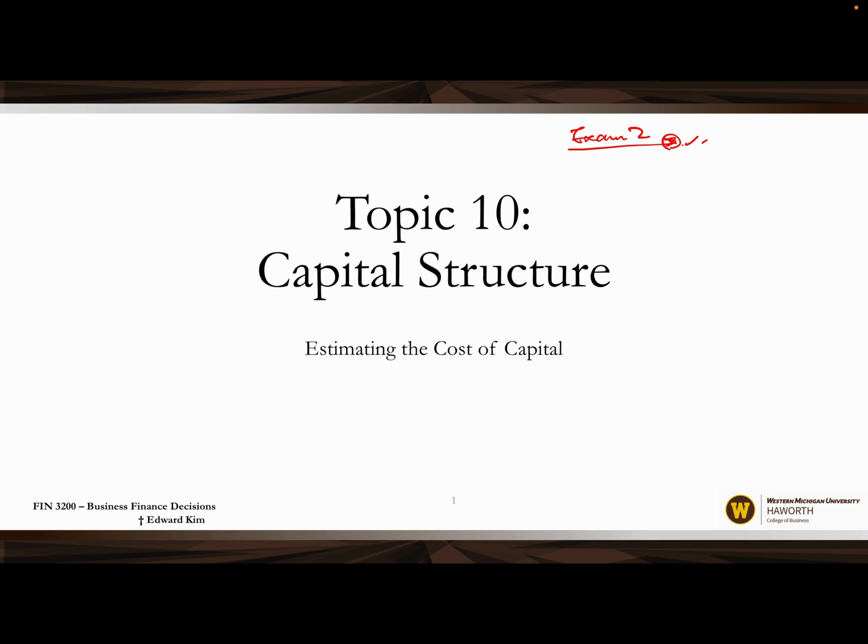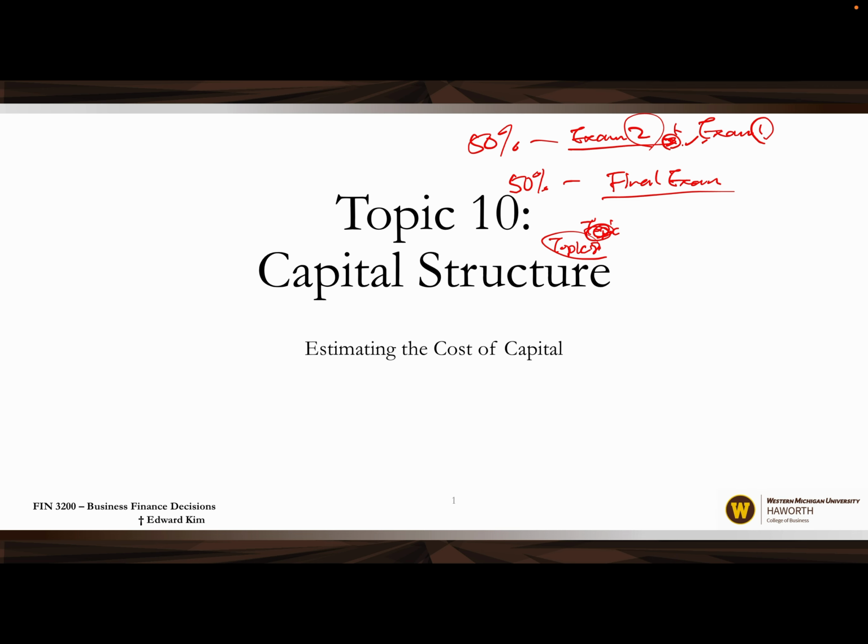So I'll send out an announcement, but the final exam consists of about half from exam 2 and exam 1, but mostly from exam 2, and then half on the new material, topics 8, maybe 9 and 10. We had a lot of stuff in topic 8, right?